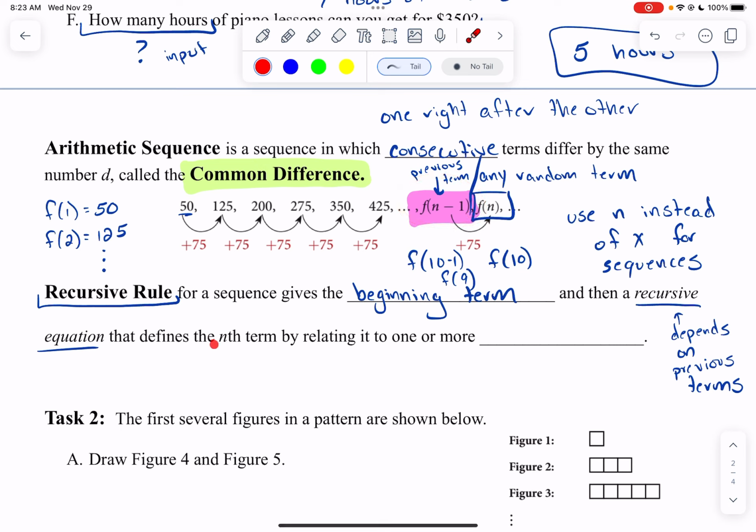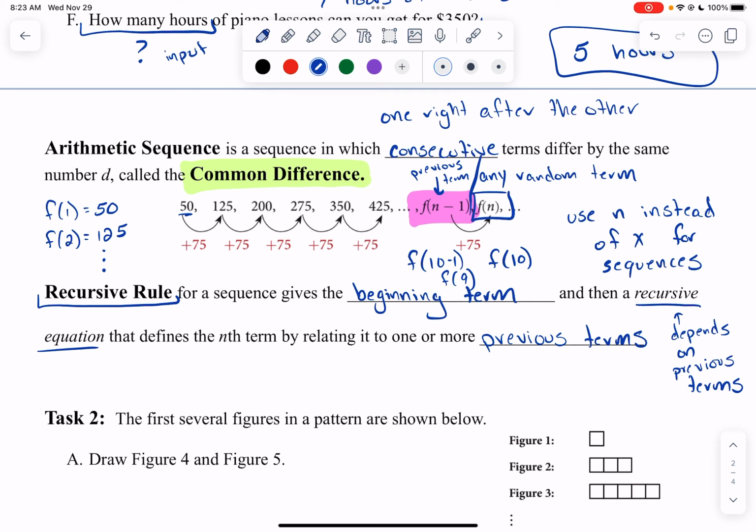That defines the nth term by relating it to one or more previous terms.